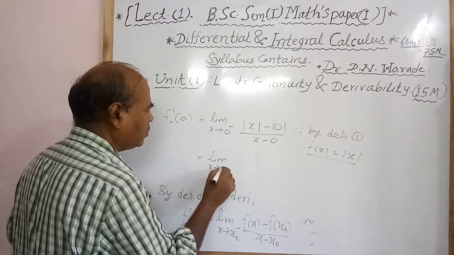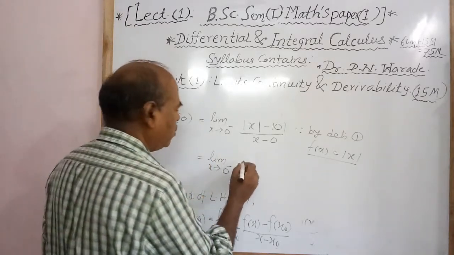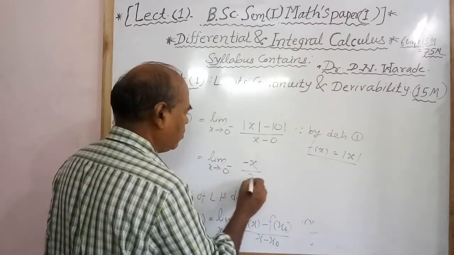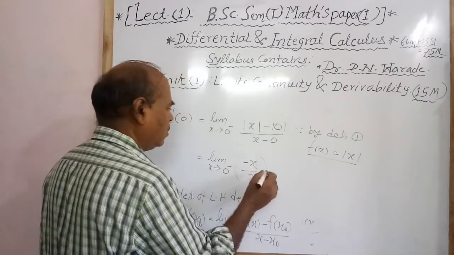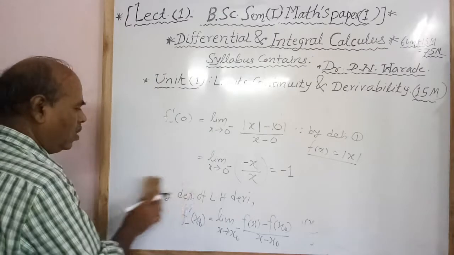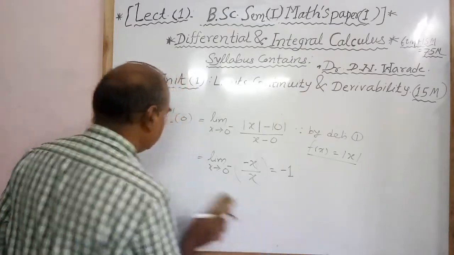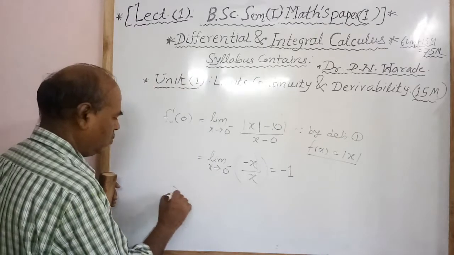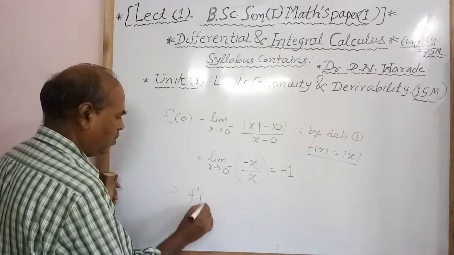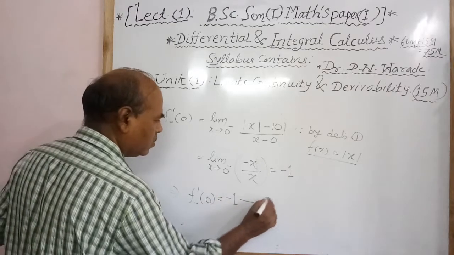For negative value we have mod of x equal to minus x, divided by x, therefore we get the value minus 1, and limit of constant is constant. Therefore we get f dash of 0 minus equal to minus 1.